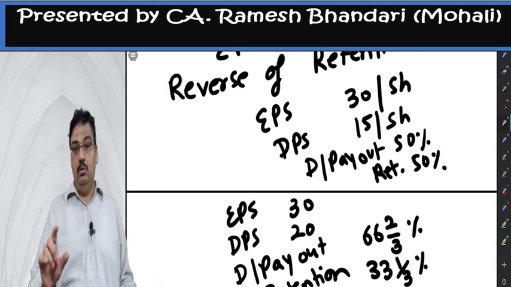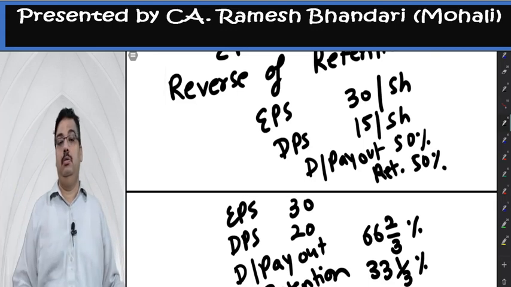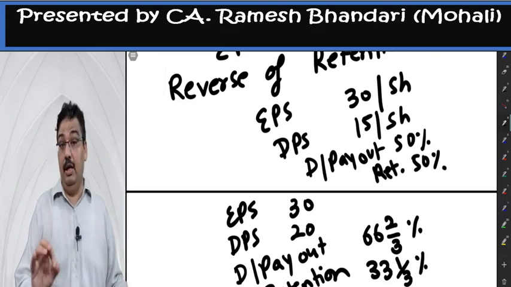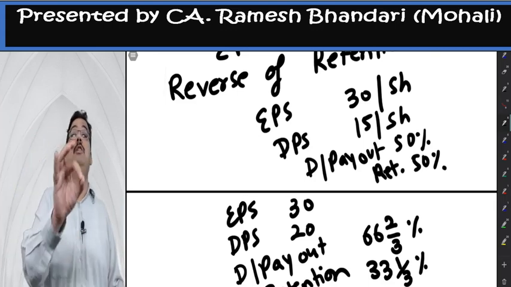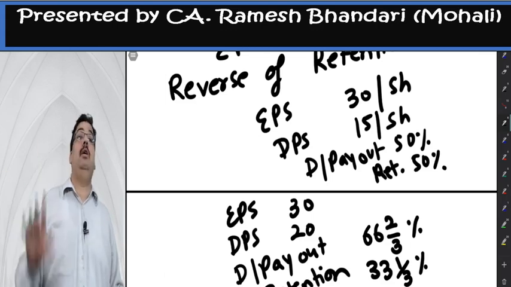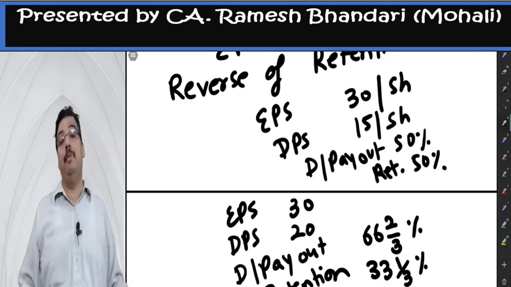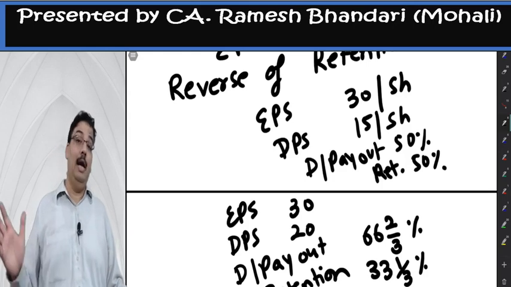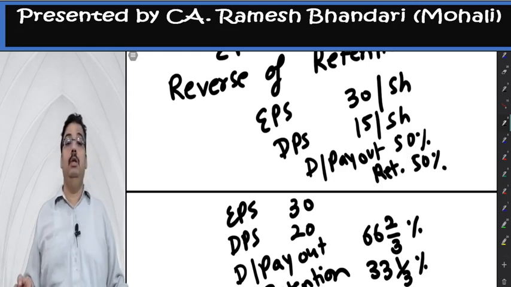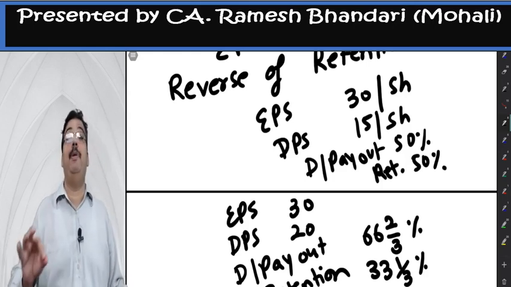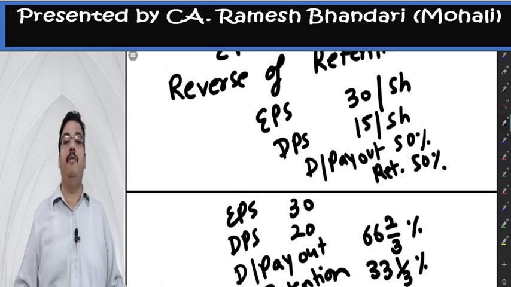So I compute: let's say 100 per share is face value, 30% dividend declared, 30 rupees per share is dividend. Now look at earning per share. If it is 50, 60% is the dividend payout ratio. So try to get the language correctly. Is it dividend percentage or dividend payout percentage? Makes a difference.